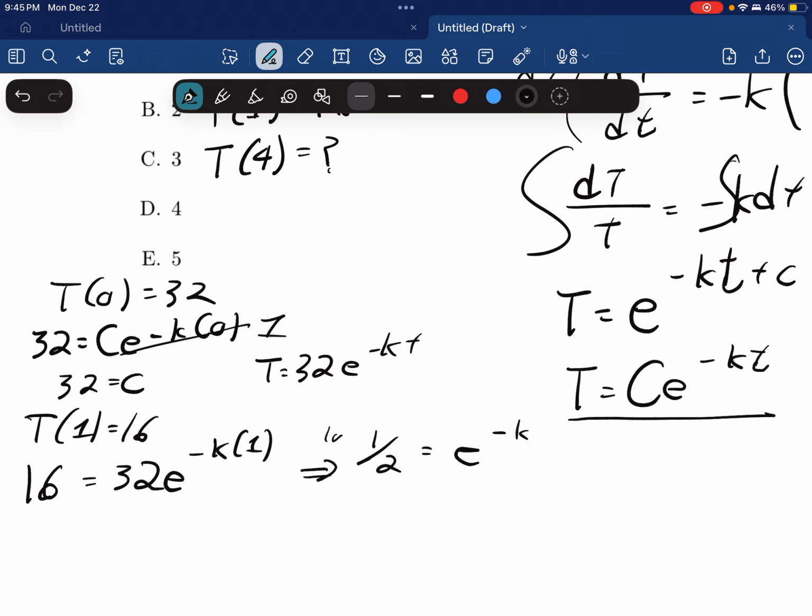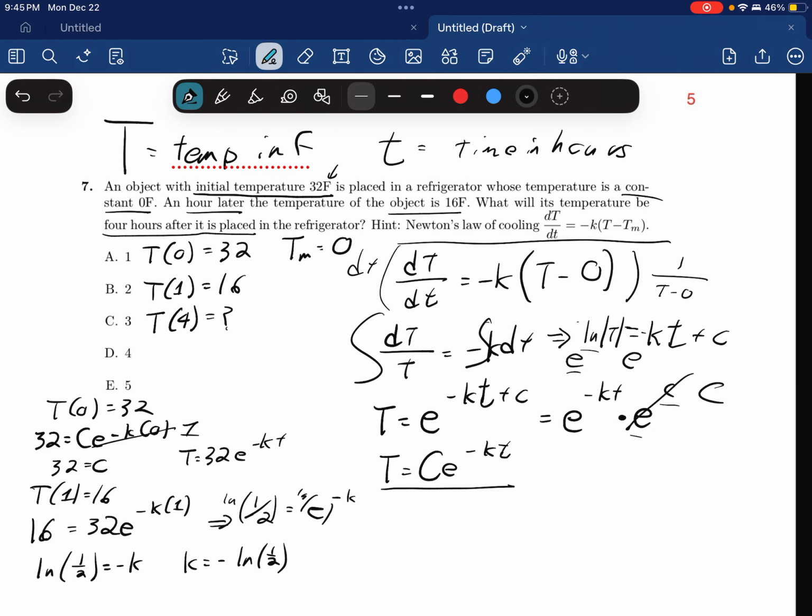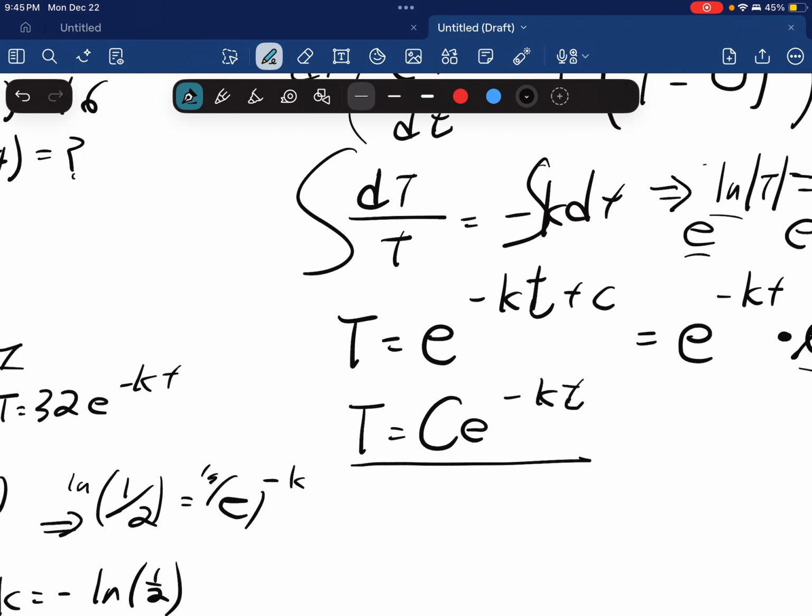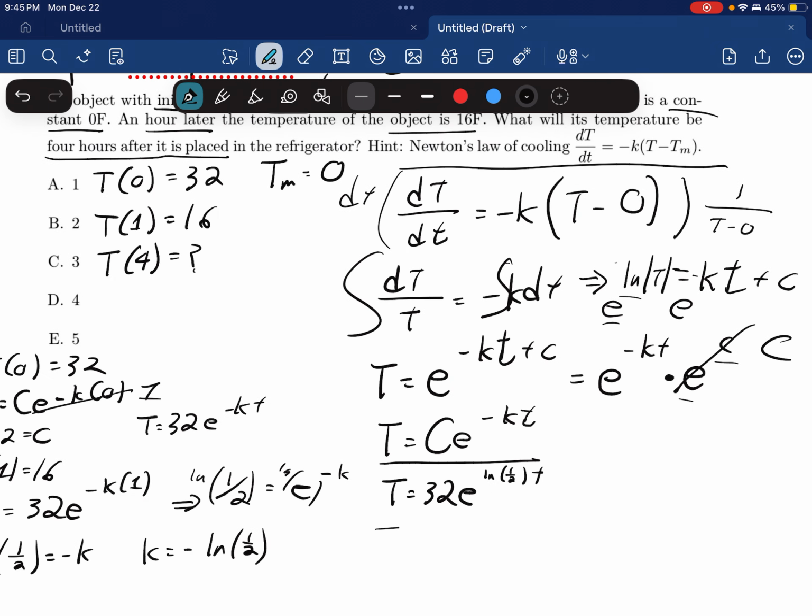We can take the natural log of both sides, leaving us with natural log of 1/2 equals negative k. And k was just equal to negative natural log of 1/2. So the final solution we get is T equals 32 e to the natural log of 1/2 times t.